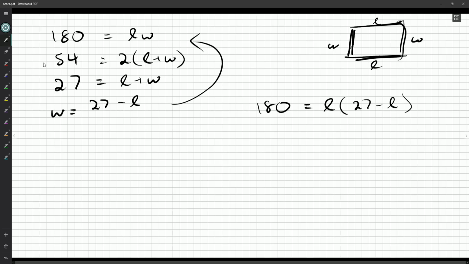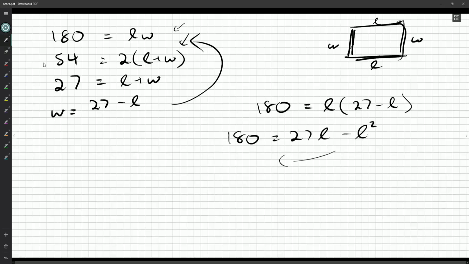I admit that some of you out there might be able to look at these and guess and check your way to what L and W are. That's fine because in part A we just need the final answer, but if you're at all worried about your mental arithmetic, write it out, solve the quadratic. It's not that bad. So we'll get 180 equals 27L minus L squared.